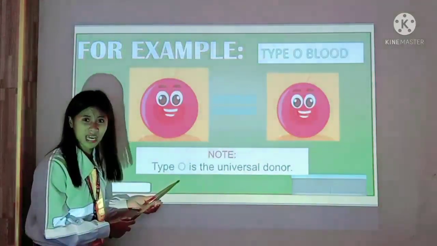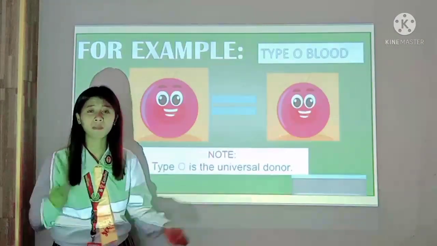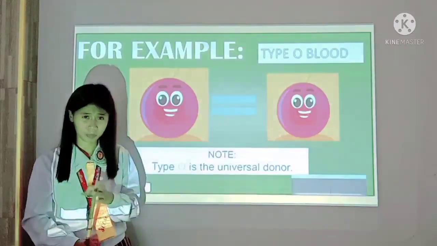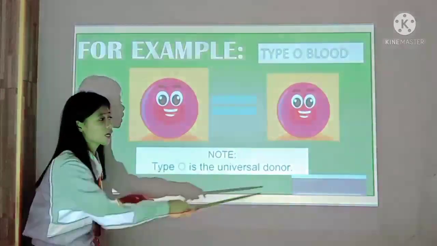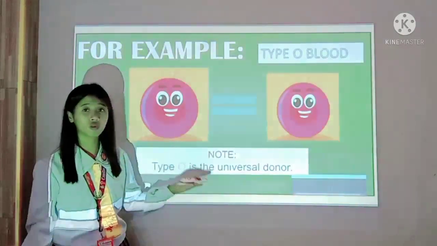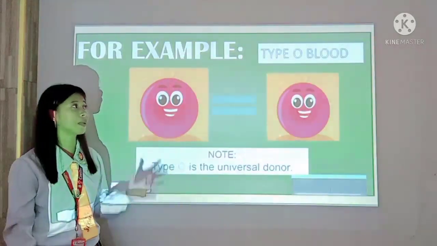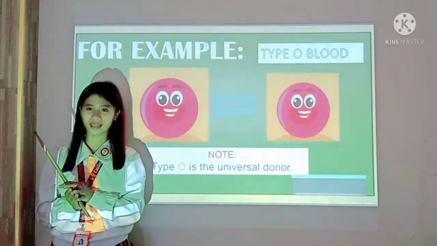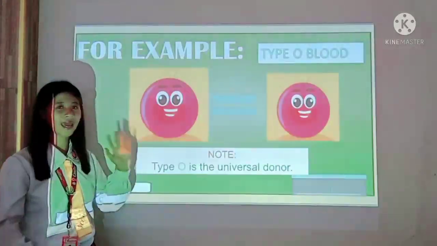So, meaning, pwede siya mag-donate kahit sino. Mapa-A man, AB or B positive, of course, pwede niyang i-donate or pwede siyang magkaroon ng blood transfusion. Okay. Are we clear, my dear students? Okay. Next.